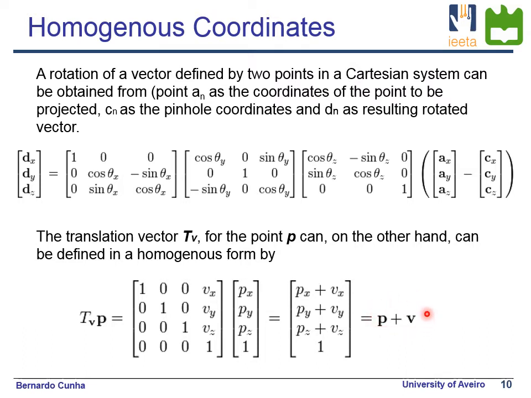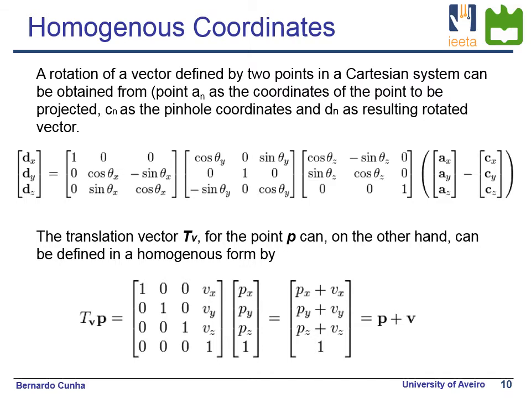So basically, this is the homogeneous representation of the translation matrix. And what is interesting here is to look that to apply a homogeneous solution, you have a unity matrix in this area.